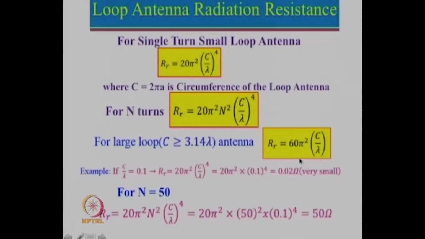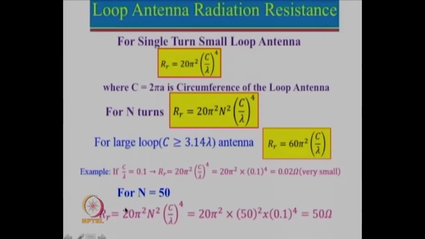Let us see what really happens if C by lambda is 1. If C by lambda is 1, this expression will give me roughly 200, because pi square is approximately 10, and this one here for C by lambda equal to 1 will give roughly 600. So we know that for C by lambda equal to 1, neither of these two formulas are correct. It will be between say 200 to 600 ohm.